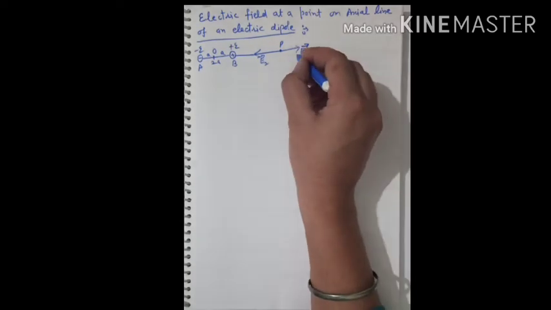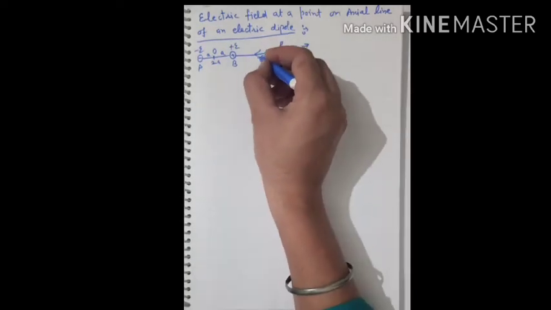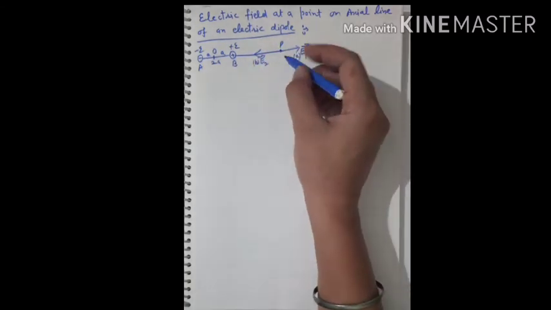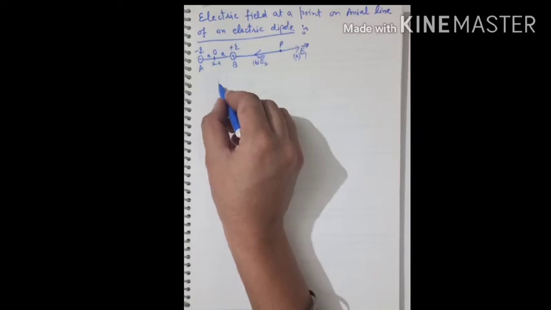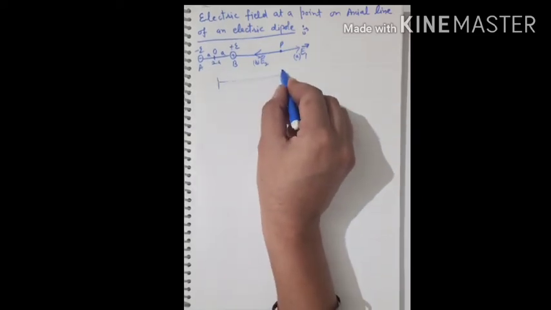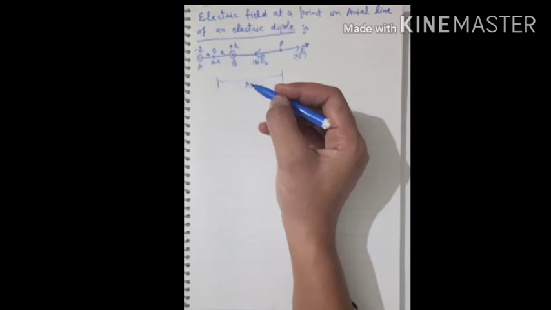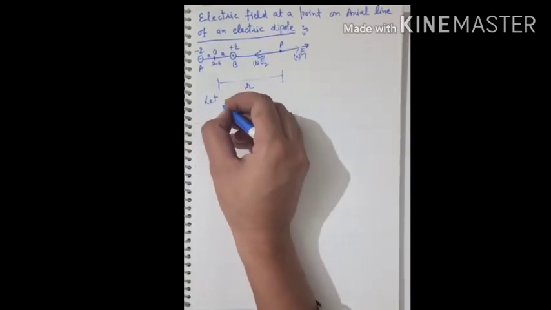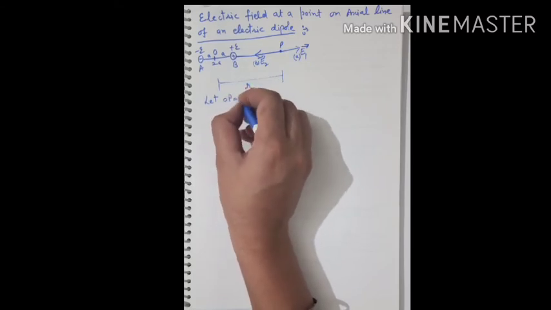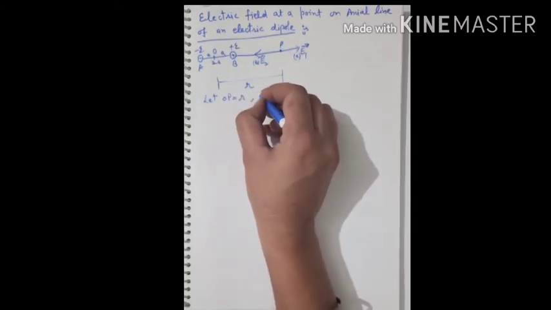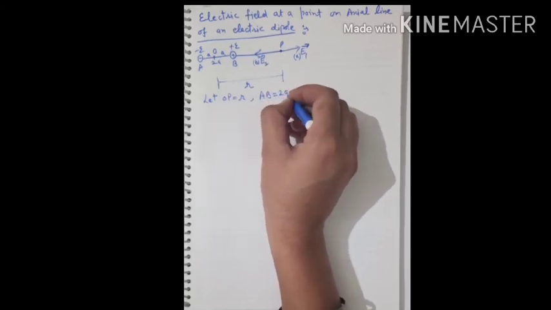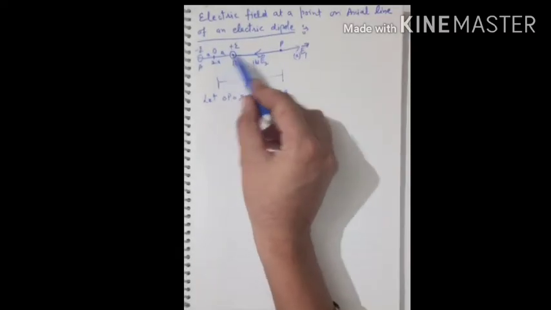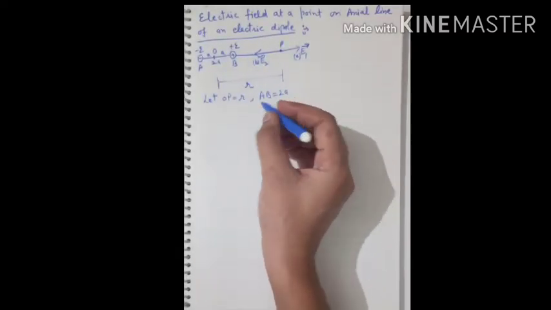The distance from point O to point P is r. So let OP be equal to r, and AB equal to 2a, the length of the dipole.